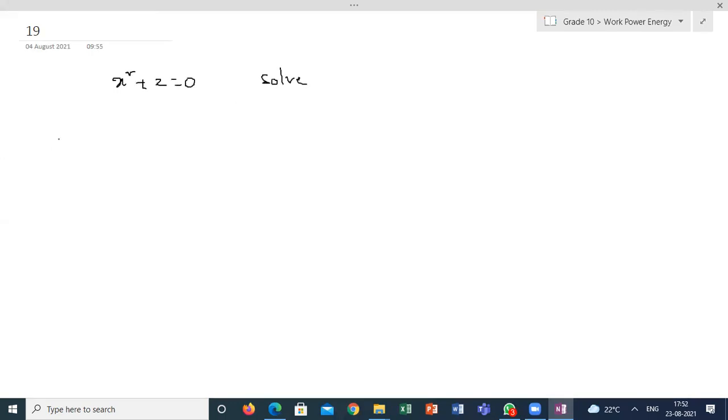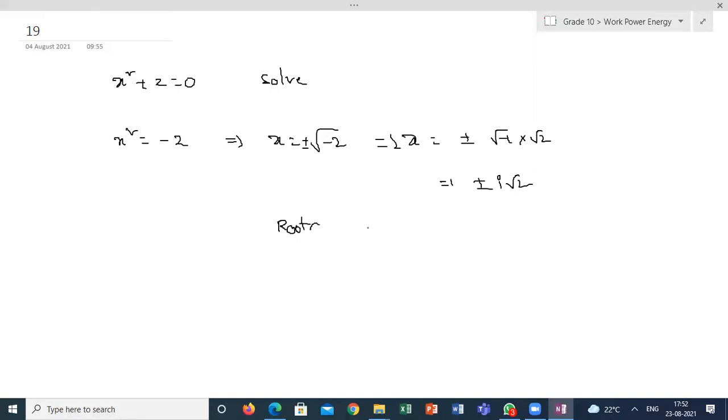Solve. x square is equal to minus 2. From here, x is equal to plus or minus root of minus 2, which is plus or minus root of minus 1 into root 2, so plus or minus i root 2. So the roots are 0 plus i root 2 and 0 minus i root 2.